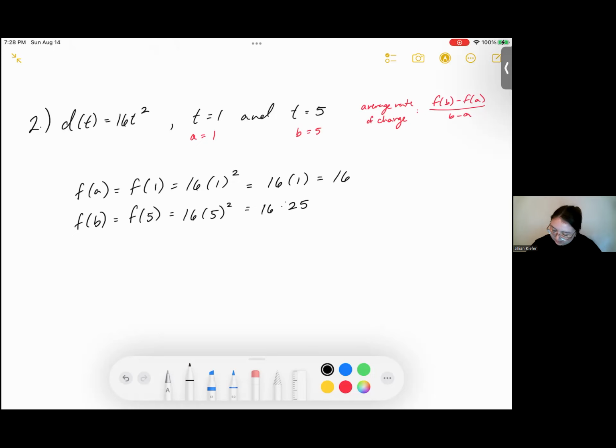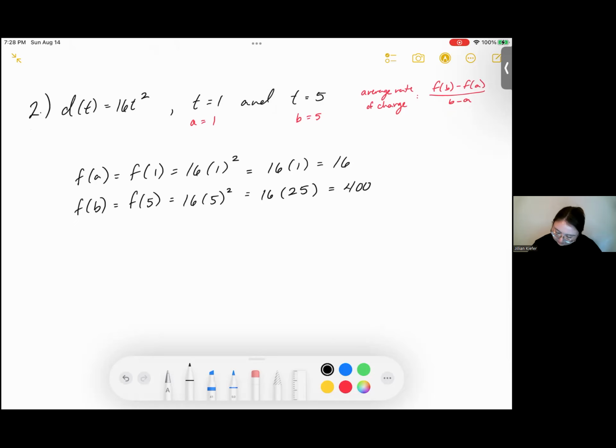So we have 16 times 25 in this case, which, calculators or brains, whichever you prefer, is going to be equal to 400. So we have f of A and f of B, and we know what A and B are, so we can go ahead and plug this into our equation for our average rate of change.